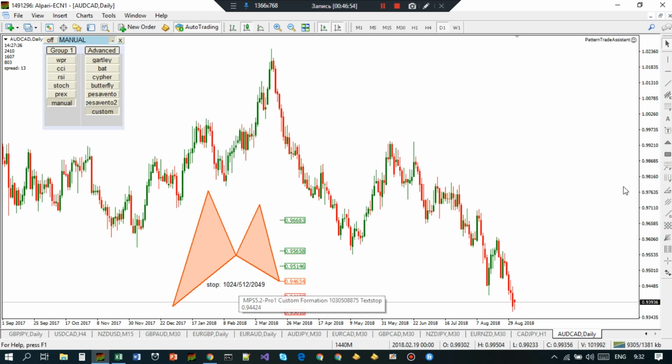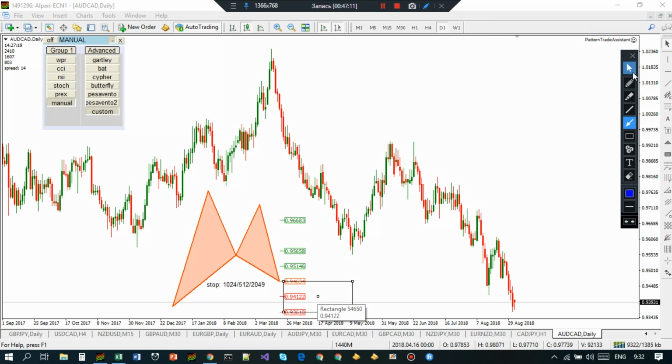So we have this distance, which is 1024, and we have its half, which is 512. So what is this idea of trade management? Basically, you wait for price to hit this level.